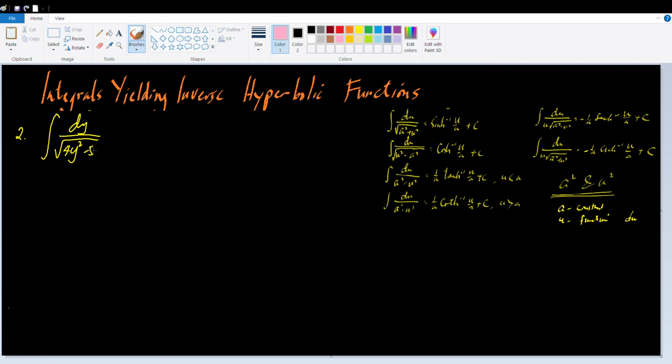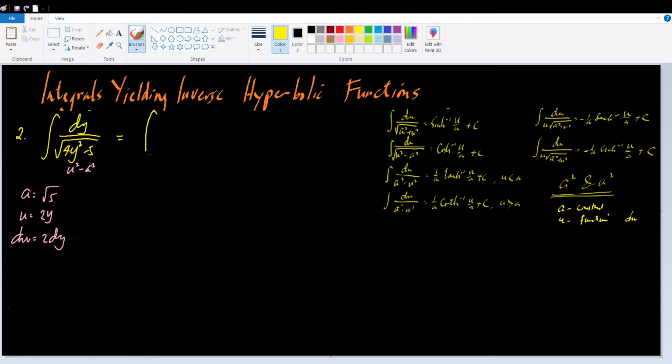So we take note of the radicand 4y squared minus 5. This is of the form u squared minus a squared, where a is equal to the square root of 5 and u is equal to 2y. Then we check our du, which is 2 dy.